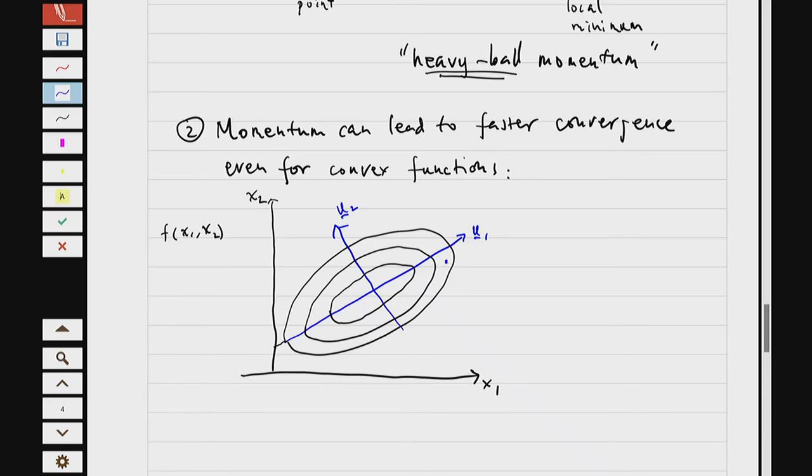It's perpendicular to the contour line, so you get there, and then perpendicular to the contour line, you jump here, and then jump there, like that. Because it's so narrow, perpendicular to the contour line means that you are just ping-ponging back and forth, potentially.